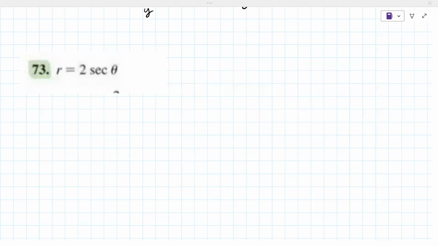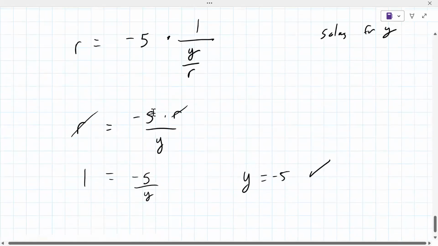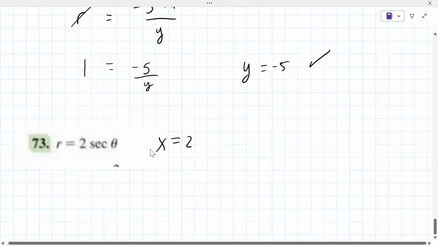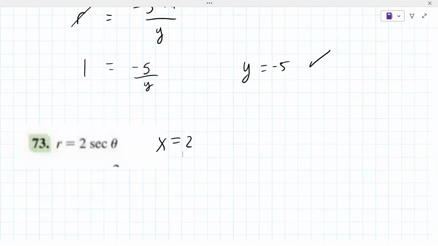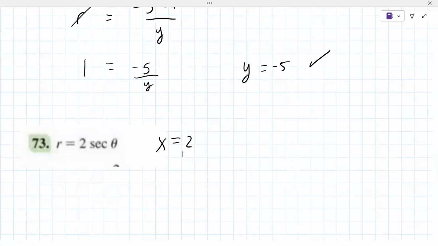I got x equals 2. Now, one of the things I think they're hoping you'll see here is the pattern. It's a lot to remember though. If it's cosecant, it's a y. If it's secant, it's an x. I think that's a lot to put on you as a student to remember, but that could be something that they want you to remember out of this.